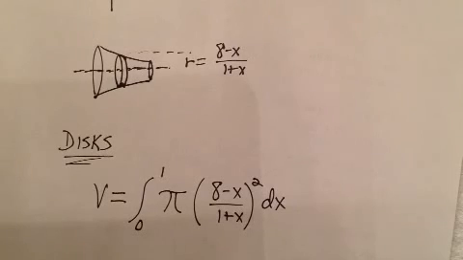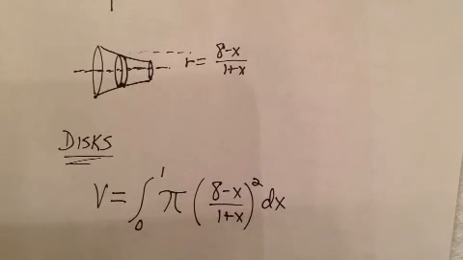Now we're going to be integrating the algebraic part, namely the square of the ratio of 8 minus x to 1 plus x.